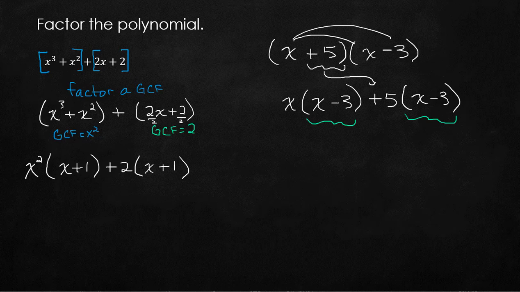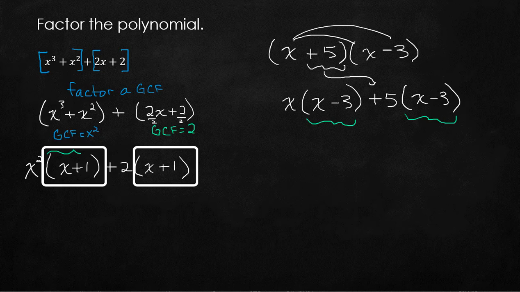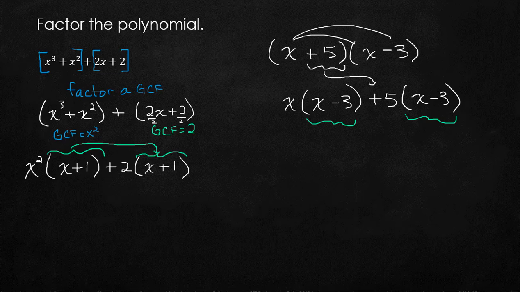And now something should jump out at you here, and you probably already noticed it without even me having to say it. But now we have an x plus 1 and an x plus 1. We have 2 of the same thing. And over here just a second ago, I told you we're going to end up getting 2 of the same thing.